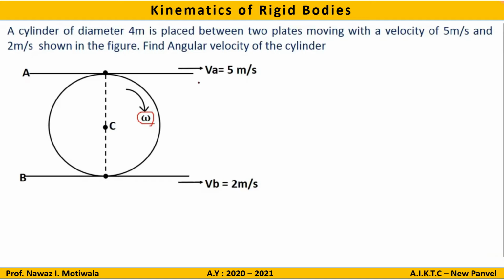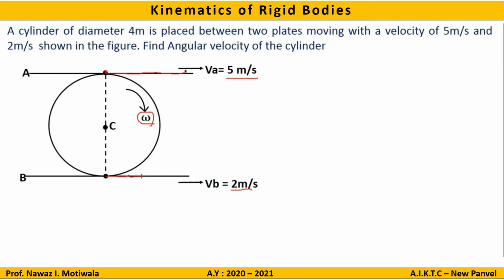So what to do in this case? You just need to draw one simple line. Let us say VA is equal to 5 meter per second. From this point, I will make an approximate line of, let us say, 5 centimeter. Because VB is also in this direction, at 2 meter per second, I will make a line here also, but this line should be comparatively smaller.